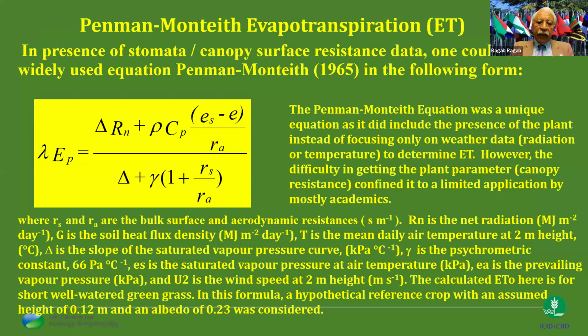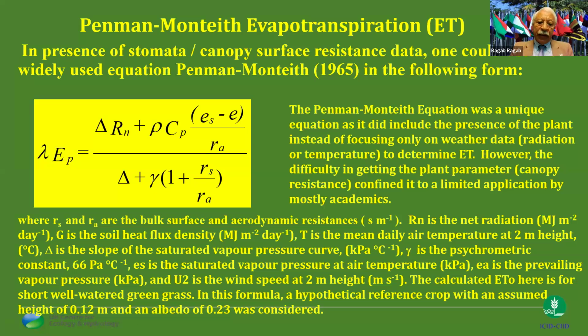Until 1965, it was the first attempt by Penman-Monteith. These two British scientists developed an equation for the first time to account for the presence of the plant. And they represented the plant by that term, rs, the stomata conductance, or stomata resistance. And that was the first equation that really considered the plant.